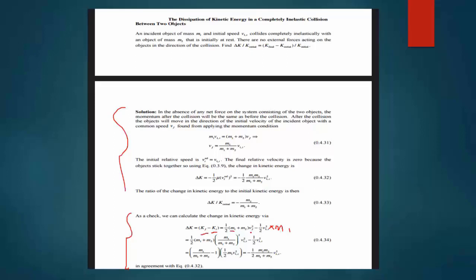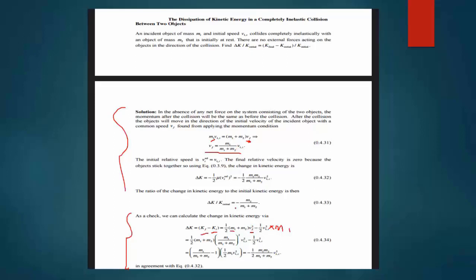So we can eliminate VF from here, since momentum is conserved at least in an inelastic collision. So from here VF is equal to m1 v1 divided by m1 plus m2. So we can substitute this here. Instead of VF we put this value.